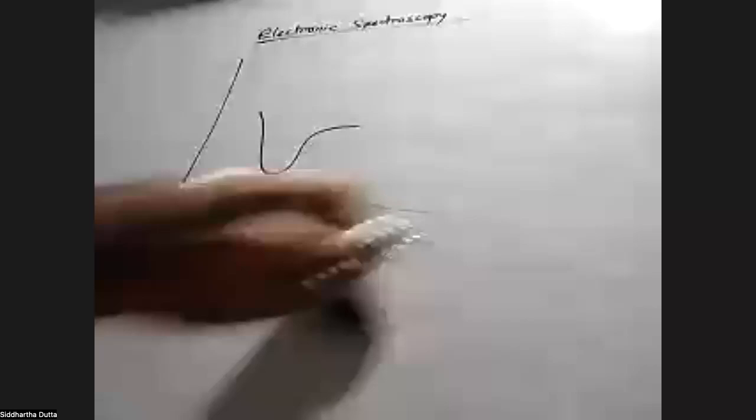If I draw an electronic state, there are three types of conditions. First, where R equilibrium of the ground state equals R equilibrium of the excited state.